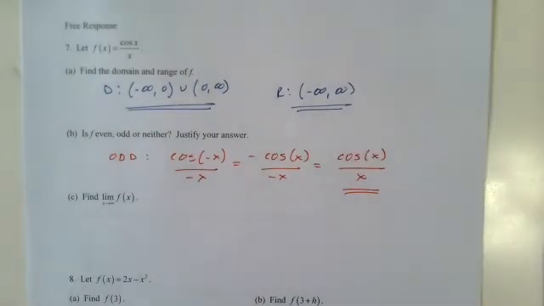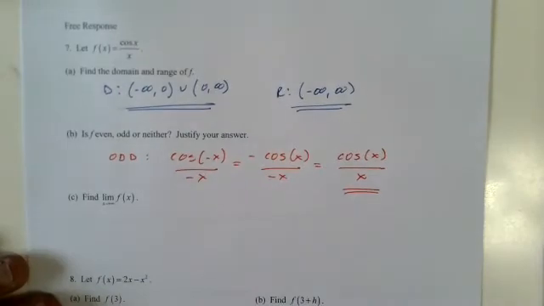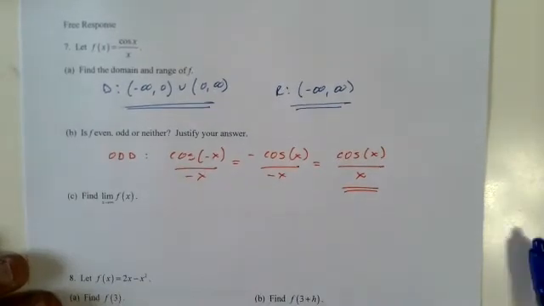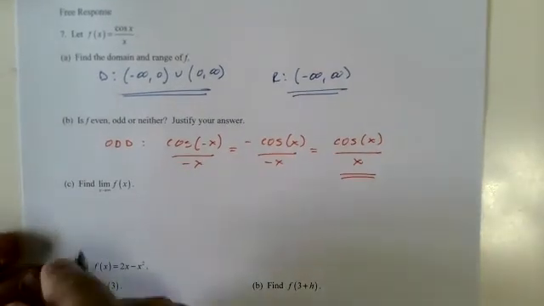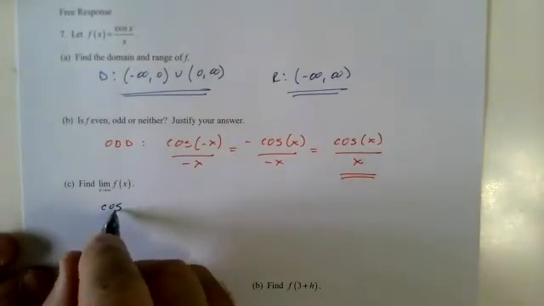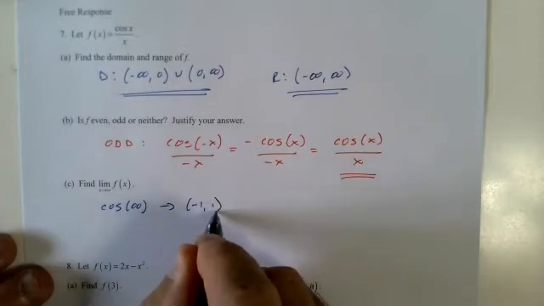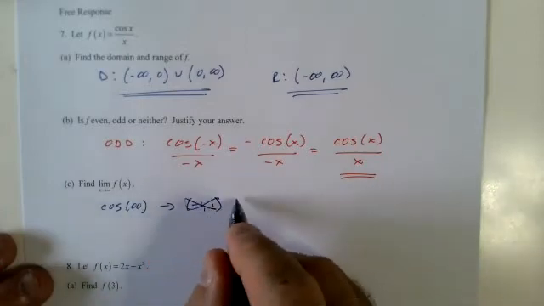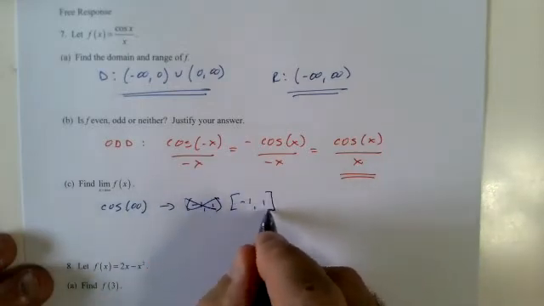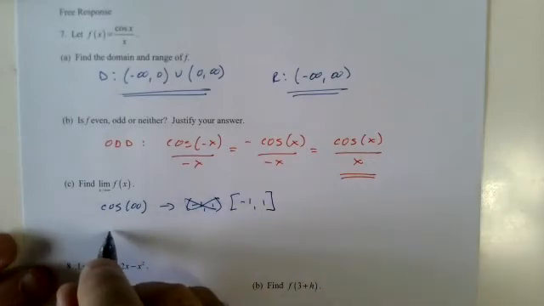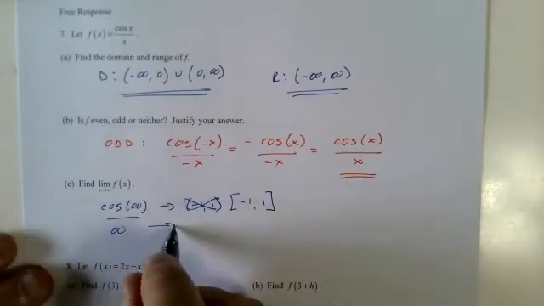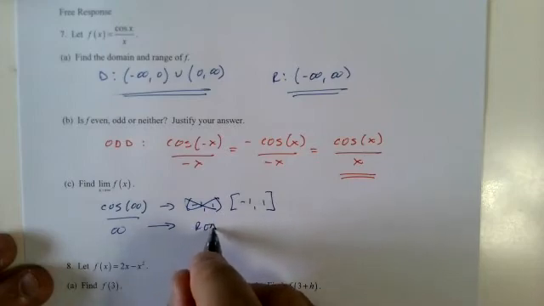Find limit as x approaches infinity. Well, I do it my way. Other people do it their way. Cosine of infinity is somewhere between negative 1 and 1. Infinity, really big.